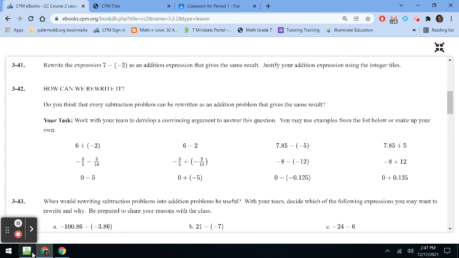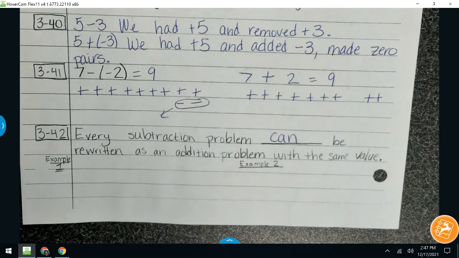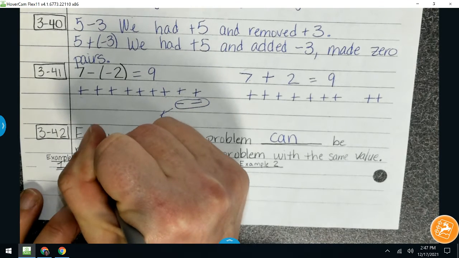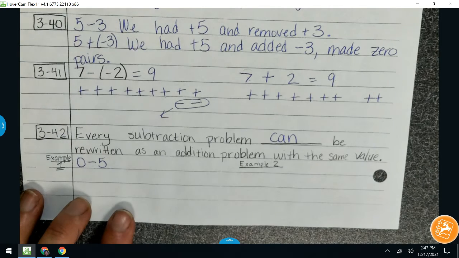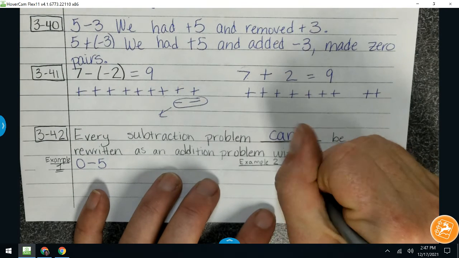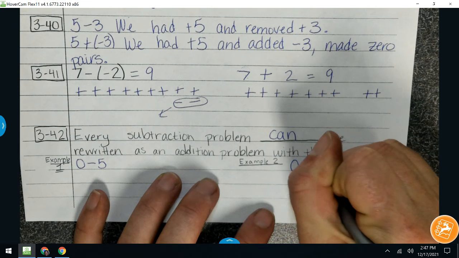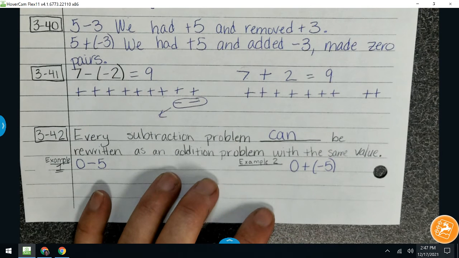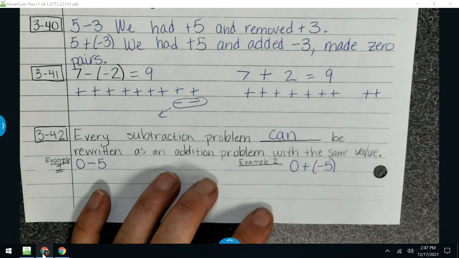So on my paper, I'm going to write, for my example number 1, 0 take away 5. And then my other one was 0 plus -5. Okay? So going back, let's make sure we understand exactly what we are supposed to do.